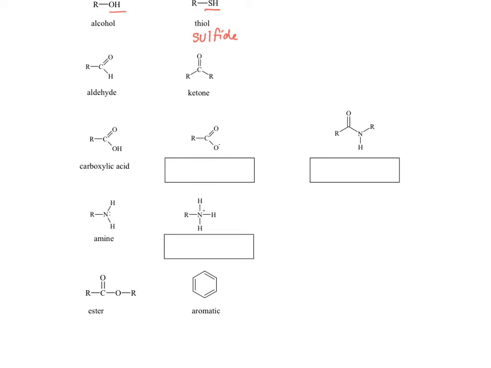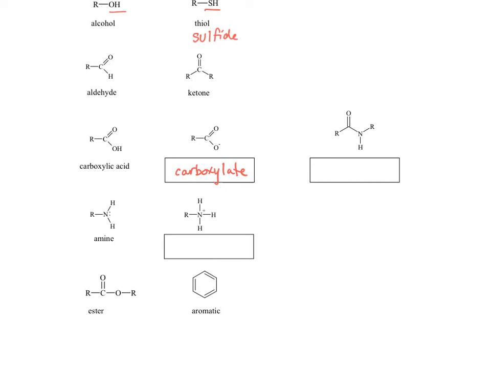A carboxylic acid can lose a proton, and when it does so, it becomes what we call a carboxylate. In fact, that's the way we're going to use it more often. It not only loses a proton, but it becomes negatively charged. That's really an important distinction that we're going to go over and over again a lot.